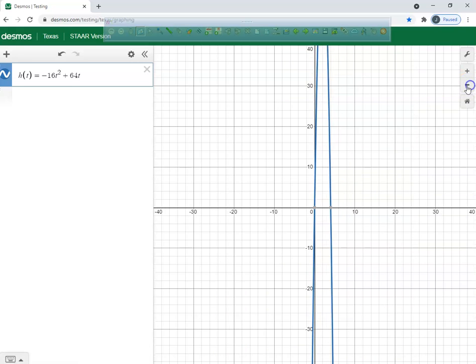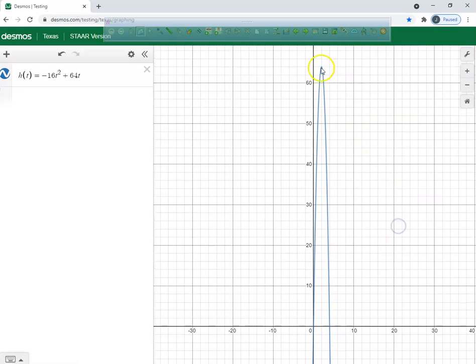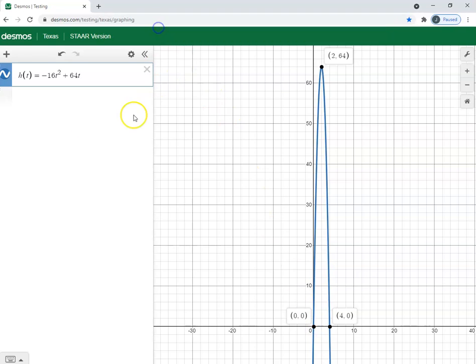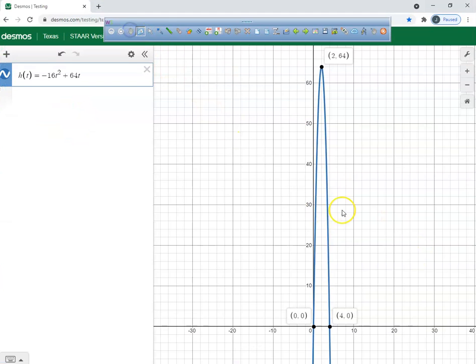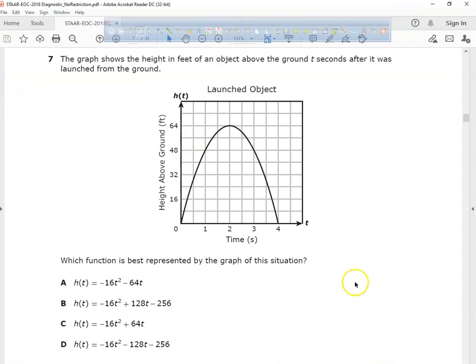If you zoom out enough, can you see the vertex way up there at 2 and 64, and then you have a 4 and a 0 and a 0 and a 0. So all you have to do, once again, in Desmos is just match. So far, how many have we matched without really thinking? This is the second one. So our answer is C.